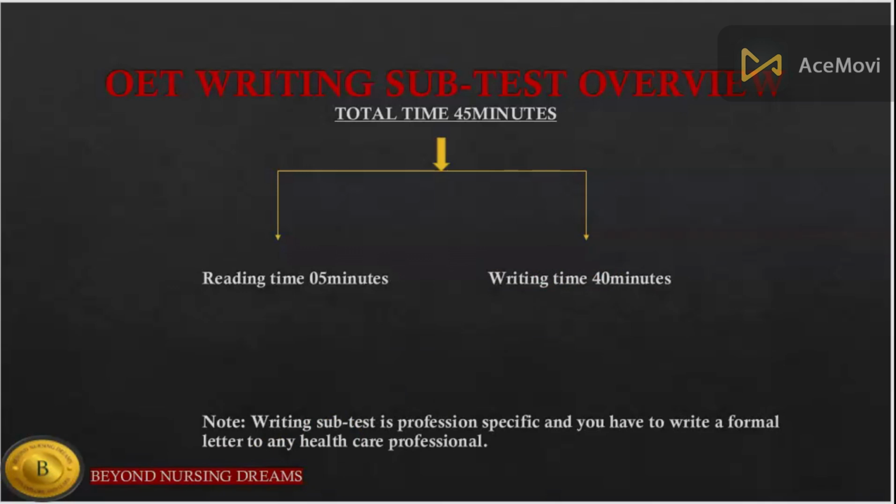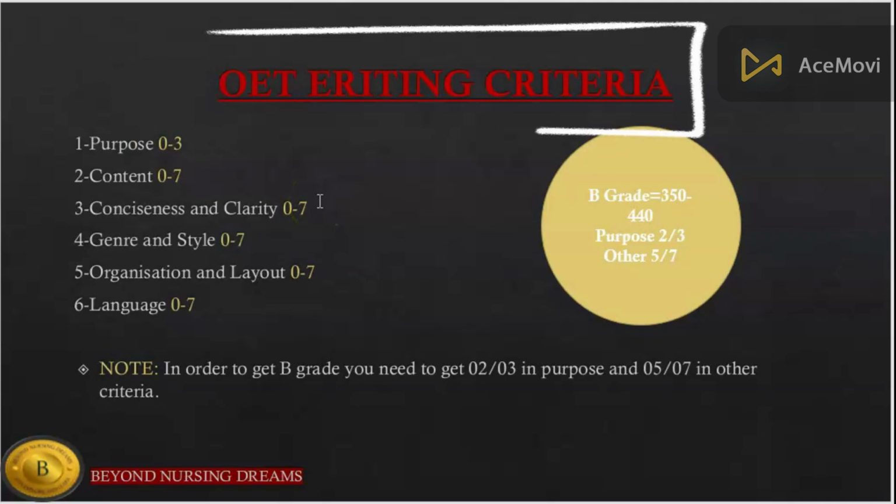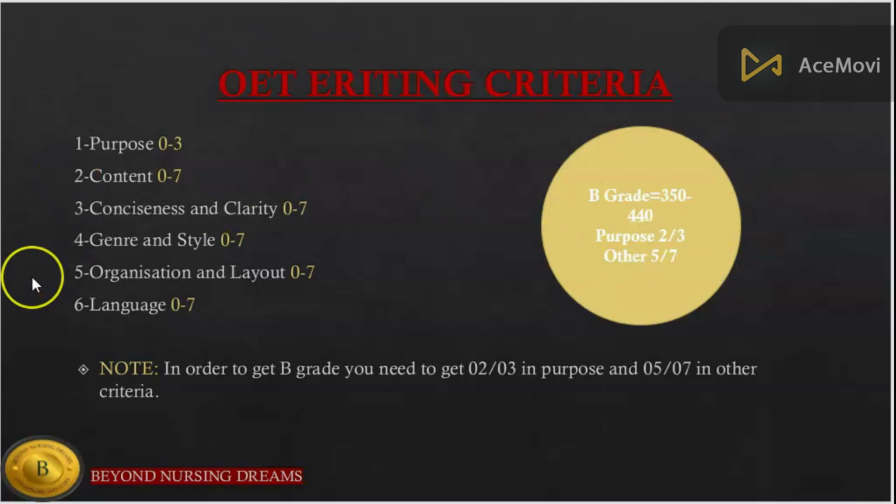When you are preparing for OET letter writing, you should be very much aware of the OET writing assessment criteria. It has 6 components: purpose, content, conciseness and clarity, genre and style, organization and layout, and language. If you want to get a B grade, you need to get 2 out of 3 in purpose and 5 out of 7 in the other criteria.